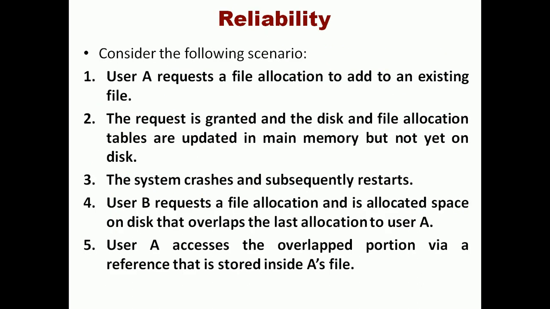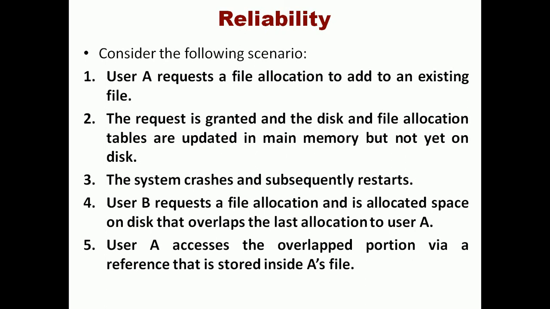Now reliability. Consider the following scenario. User A requests a file allocation to add to an existing file. The request is granted, and the disk and file allocation tables are updated in main memory, but not yet on disk.